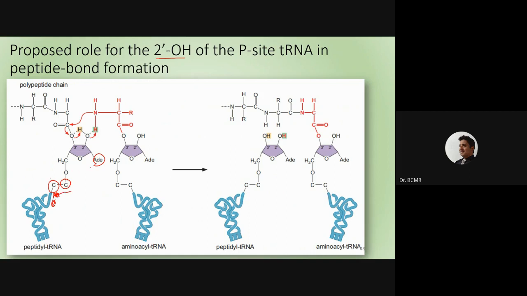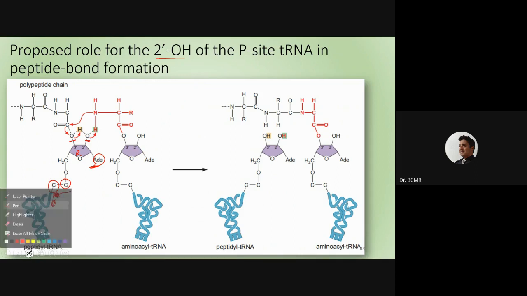You remember that there is a CCA enzyme that adds this during the processing of tRNA. The 3' end of the tRNA is added with the sequence CCA. And I'm talking about the ribose of the terminal adenine. It has a 3' OH and a 2' OH.